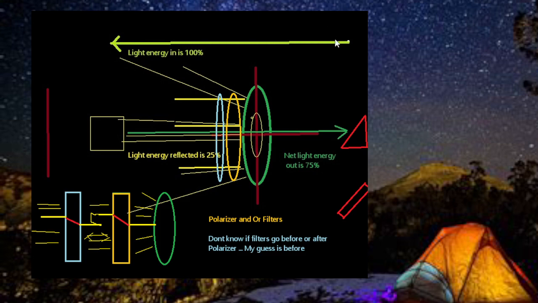So the light comes in, reflects off the first mirror, and what's going to happen, let's use this dark color, it's going to diffract, and it's going to reflect off of that back section.